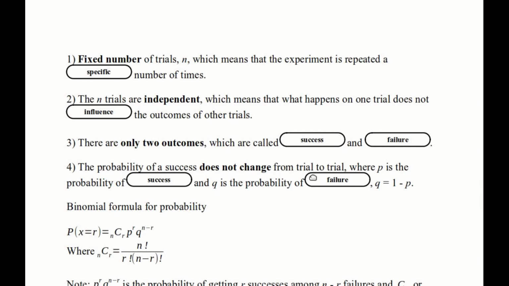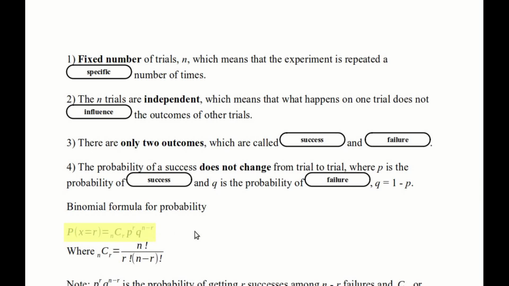The binomial formula for probability says that the probability that the random variable is R, so whatever that particular number is, is the number of ways you can arrange R things among n. And then if we've got R successes, the probability of that happening was p to the rth power, that's the multiplicative rule, and we multiply that by q to whatever's left.